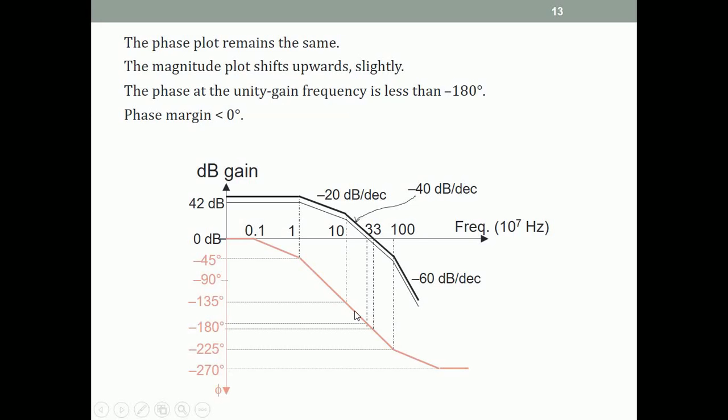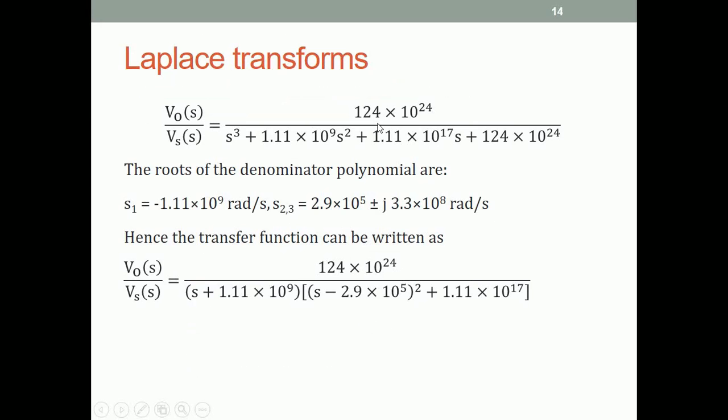Phase margin will be positive, and it will be good if you go through the mathematics of it, you will find that the complex roots of this polynomial have a negative real part.